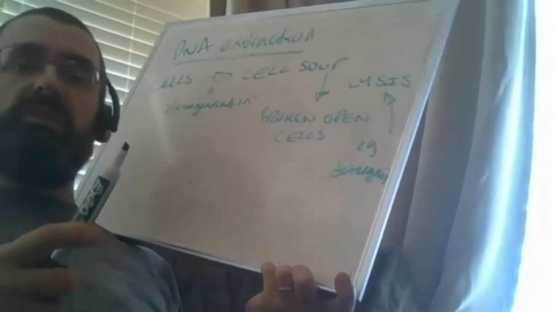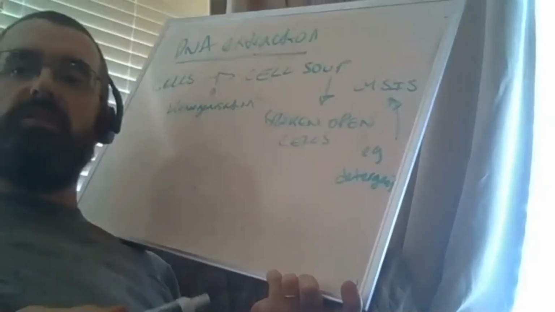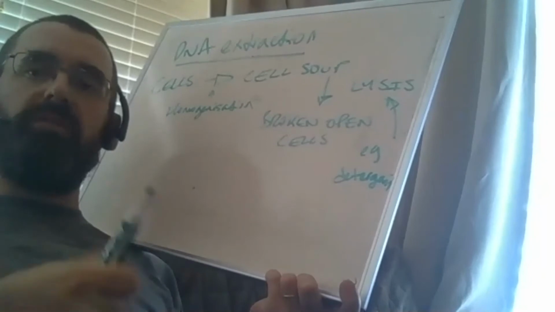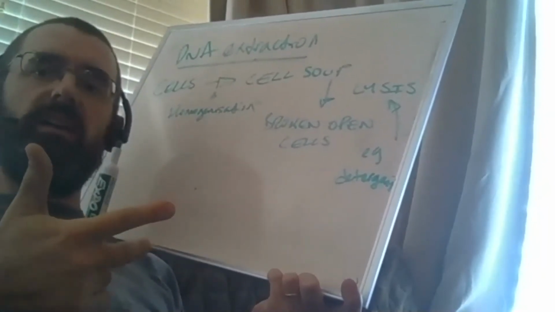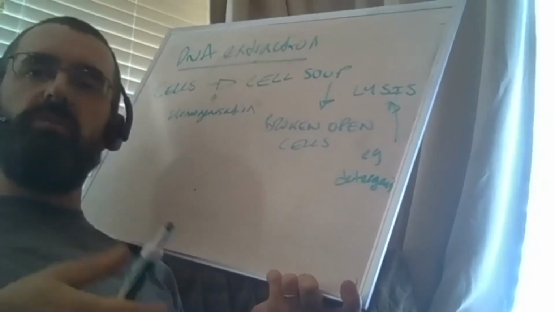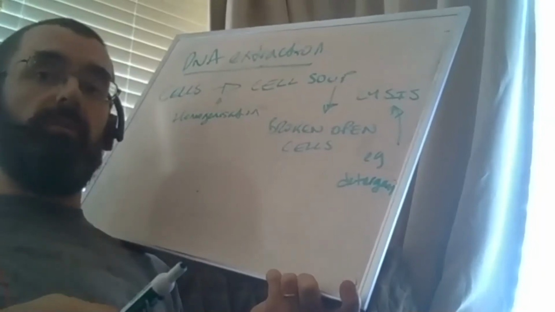Right. So the issue then is that this is a giant mush of phospholipids, storage lipids, RNA, protein, associated DNA, a whole bunch of junk that you don't want, right?